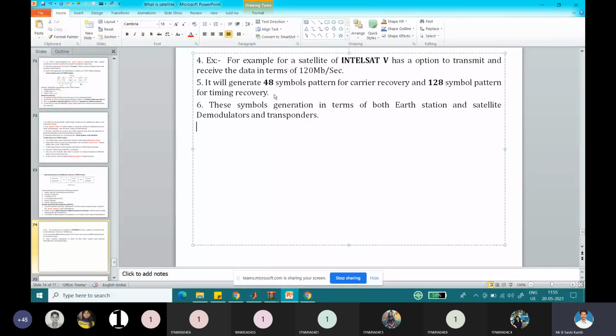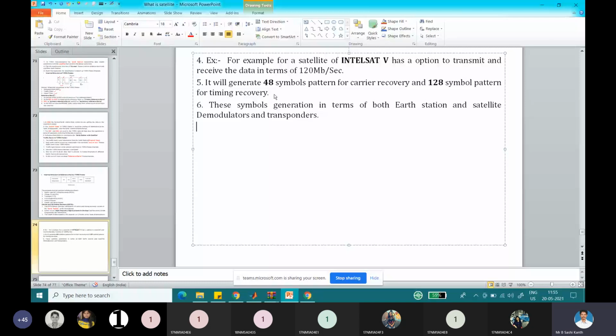Timing recovery is how much time it takes to recover the original data by removing the high frequency signal. So how many bits is it generating? A 128 symbol pattern.